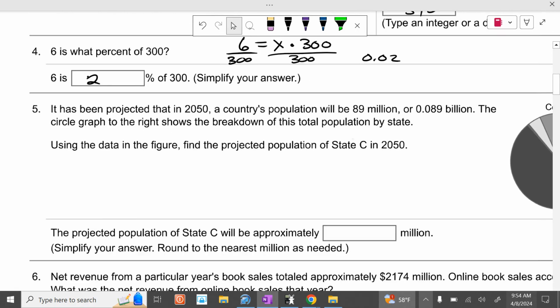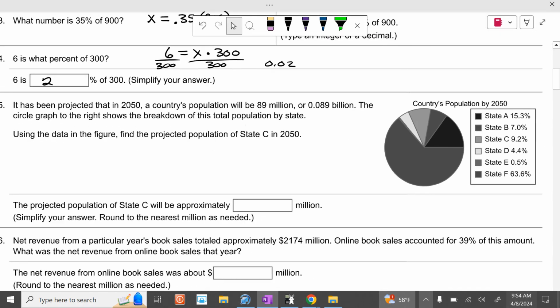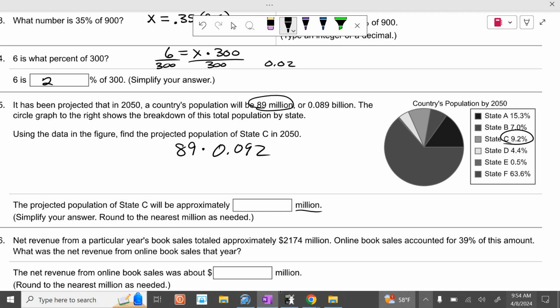It has been projected that in 2050, the country's population will be 89 million. How many million are in state C, which is 9.2% of the country? So you take 89 times 9.2%, which is 0.092.